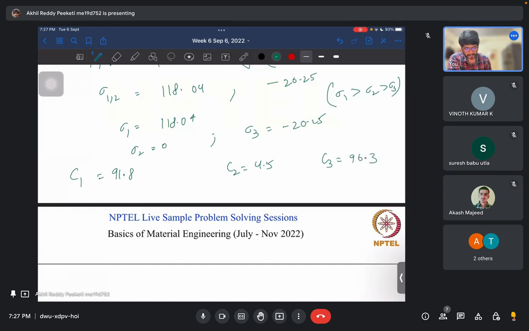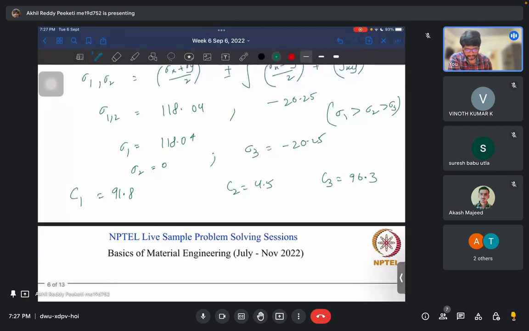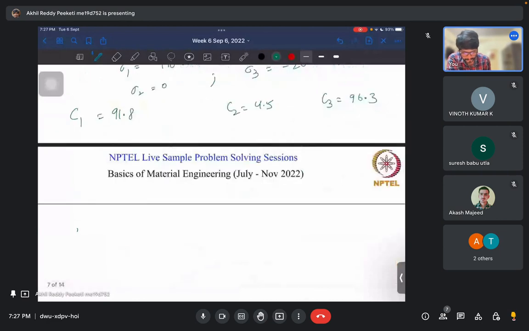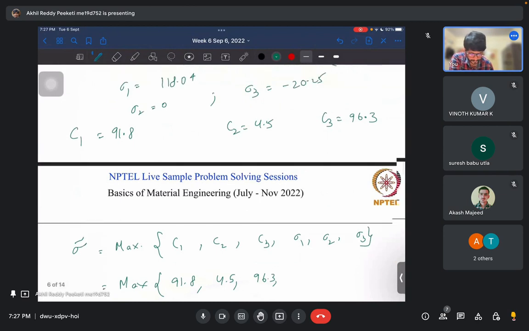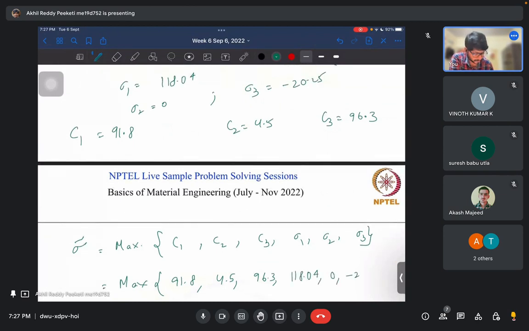Now we again need to look at the maximum for sigma effective, so the maximum of C1, C2, C3, sigma 1, sigma 2, sigma 3: 91.8, 4.5, 96.3, 118.04, 0 and minus 20.24.